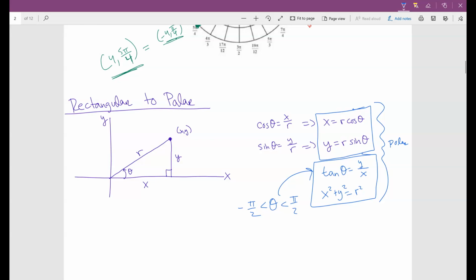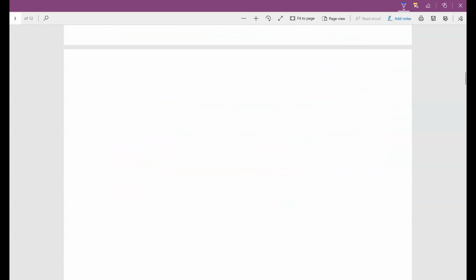Okay, so now let's go ahead and practice converting from rectangular to polar. So let's do this example. Convert to polar coordinates. Okay, so let's start off with part A, (2, -2).